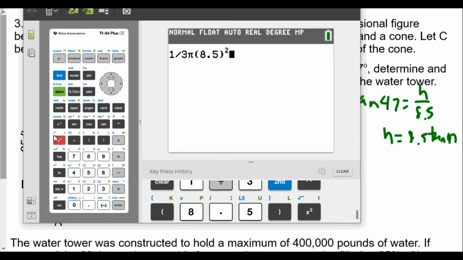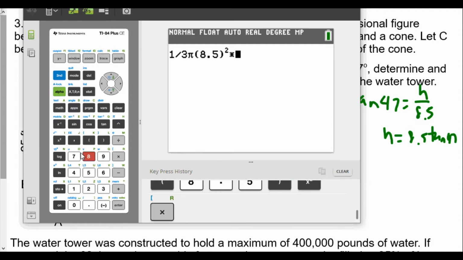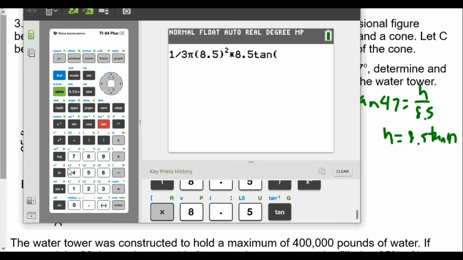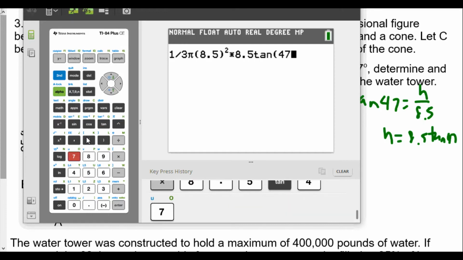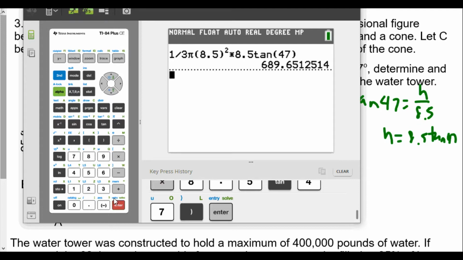And then we multiply by 8.5 tan of 47 degrees, the height we found. And here we get 689.65, so that's our approximate value.